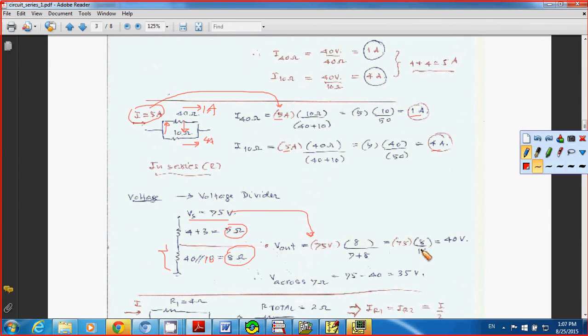That gives you 40 volt, which agrees with what we worked out before, and you have the leftover voltage drop across the 7 ohm resistor to be 75 minus 40, and that gives you 35 volt. Okay, so this is what we call a voltage divider, which is very useful, so please keep that in mind.